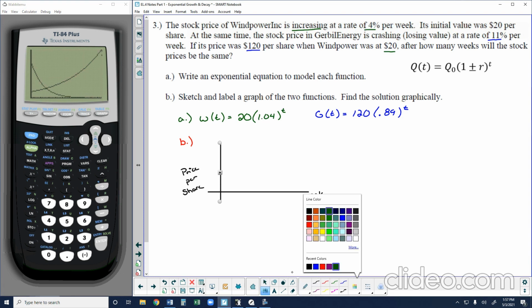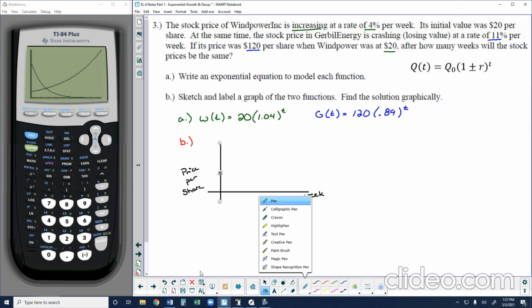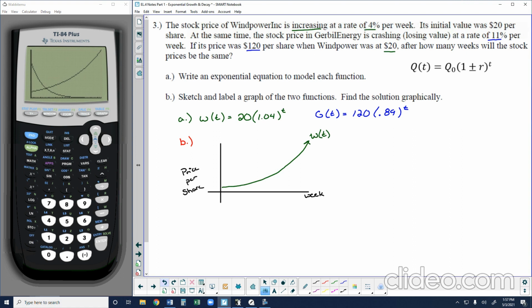So the green line is wind power. Wind power should look like this. I'm going to label these functions as well as my axes, just so that we can distinguish which function is which. So I color-coded my graph, but also want to make sure that I label my graph.